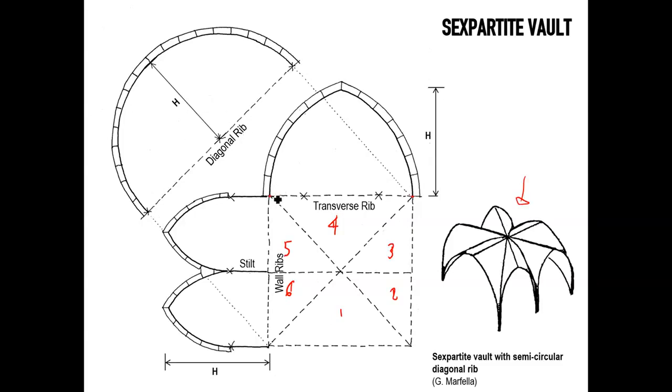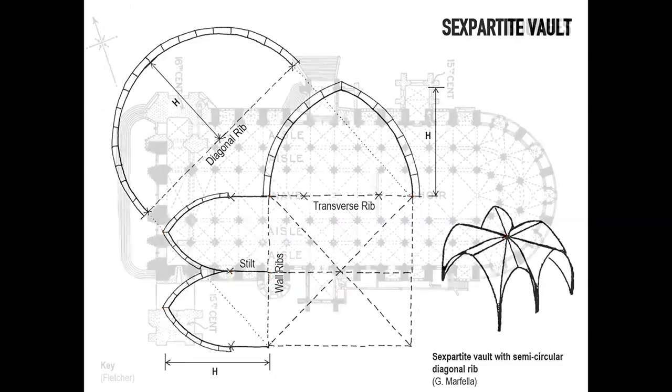So you can see how the vault is somehow defined first by the diagonals, and then the transverse ribs continue that. And on the sides we have 2 smaller pointed arches that define the rest of the vault, which normally sit on a stilt, so they're elevated so that their keystones align with the crown of the vault.